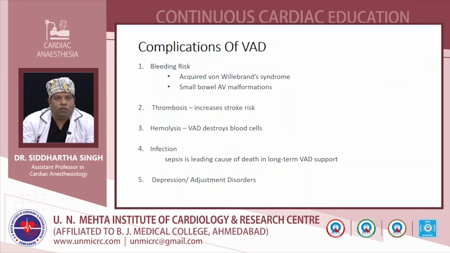So there is development of a bleeding tendency, which causes epistaxis, small bowel AV malformation, and ischemic bleeding. Then there is thrombosis risk; stroke risk is very high, but lower in newer generations. Hemolysis is also higher in the first generation and very low in the second and third generations.